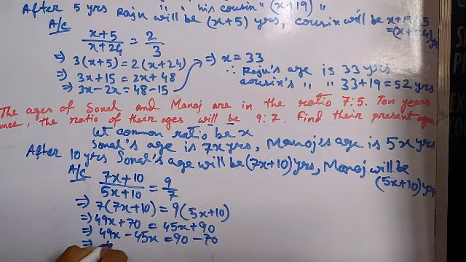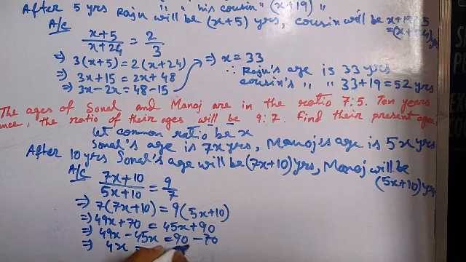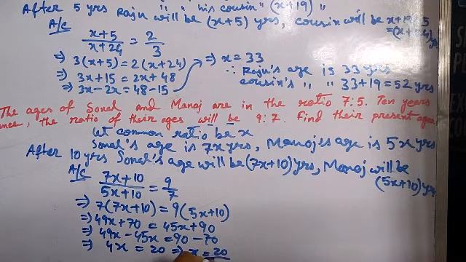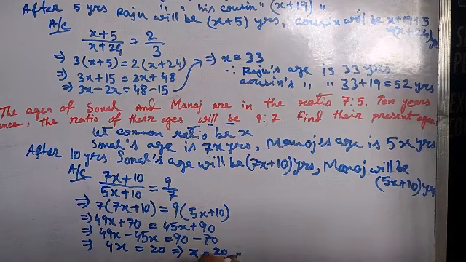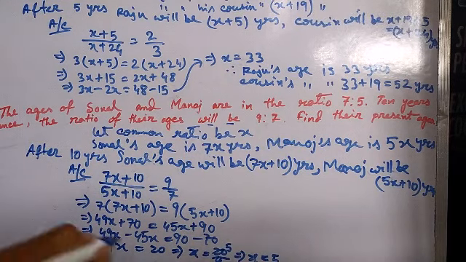Then it will be 4x equals 20. Then x equals 20/4, so x equals 5.